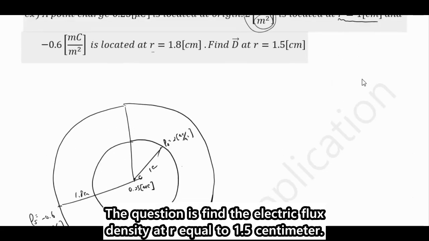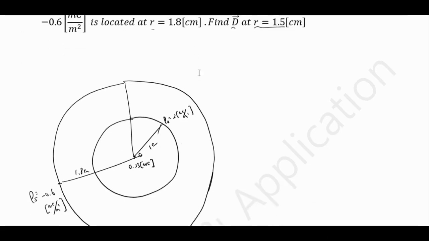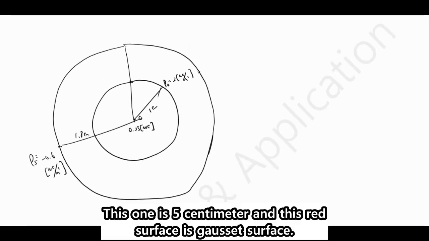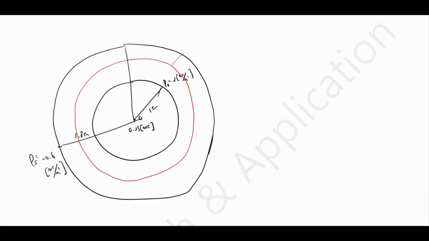The question is to find the electric flux density at r equal 1.5 centimeter. This is 1.5 centimeter, and this surface is the Gauss surface.